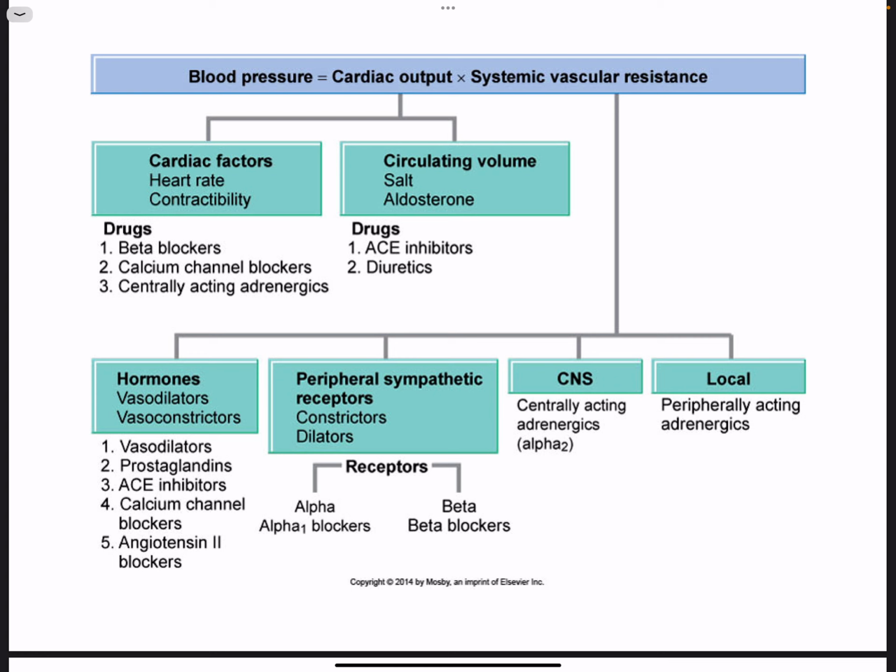So, what we do, we block this enzyme. So angiotensin 1 is not converted into angiotensin 2. When angiotensin 2 is not produced, what will happen? Angiotensin 1 level is increased, so angiotensin 1 will cause vasodilation. It is part of the renin, angiotensin, aldosterone system.